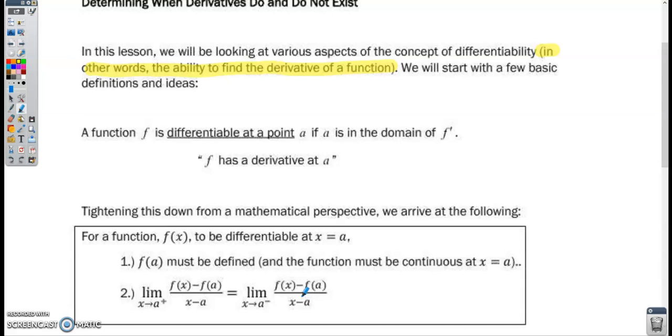And so this is basically saying the left-hand derivative, or the derivative from the left-hand side, has to be equal to the right-hand derivative. Kind of like when we talked about the left-hand limit and the right-hand limit having to be equal to one another in order for the limit to exist. Now it's the left-hand derivative and the right-hand derivative that have to be equal to one another in order for the derivative to exist.